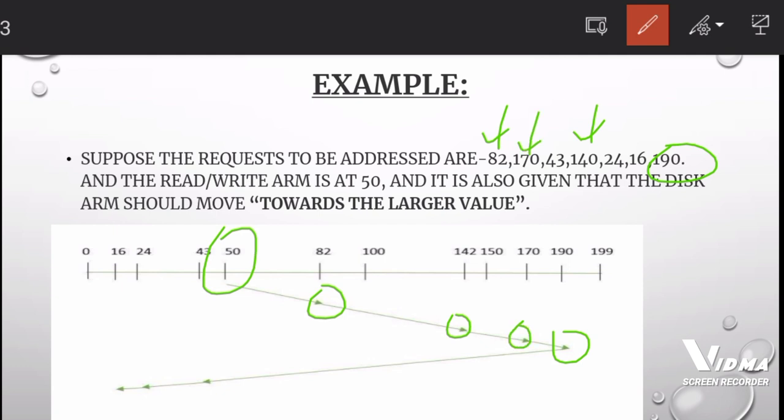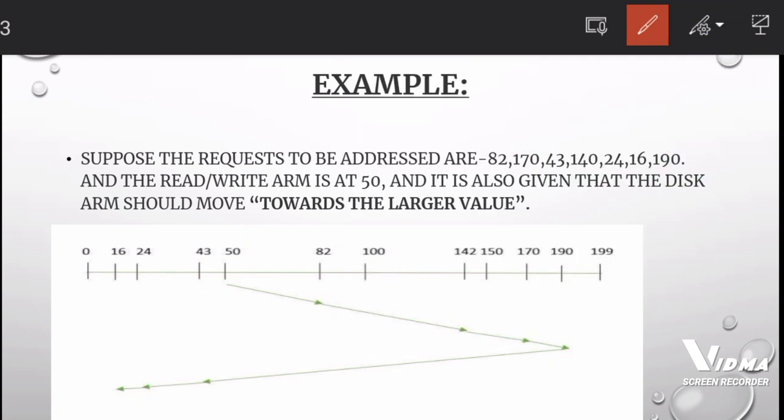170, so you have to fill the requests of all of these, and after filling the last request you have to come back in reverse. Like here it has given 43, so we will fill the request of 43, then 24, and the smallest request 16. So in this way the LOOK disk scheduling algorithm works. I hope you understand.